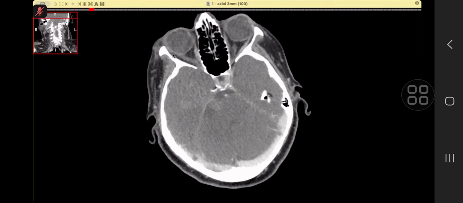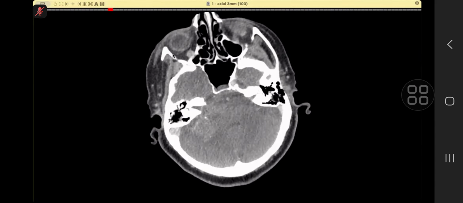I have given you a post-contrast. Okay, on the post-contrast imaging, there is enhancement of this lesion, which is going into the posterior cranial fossa and is causing mass effect on the cerebellum and also the brainstem.